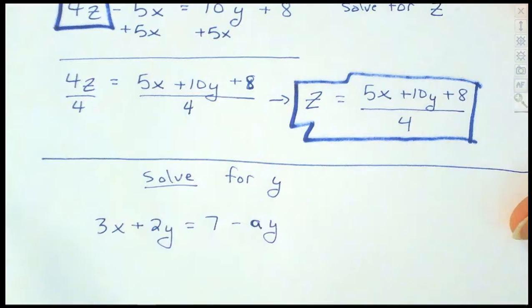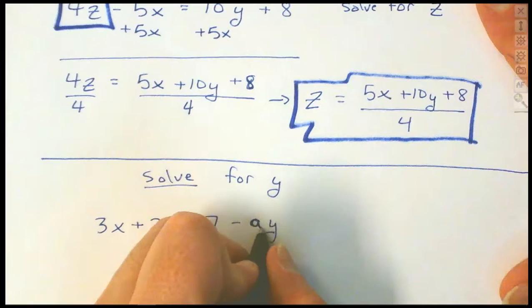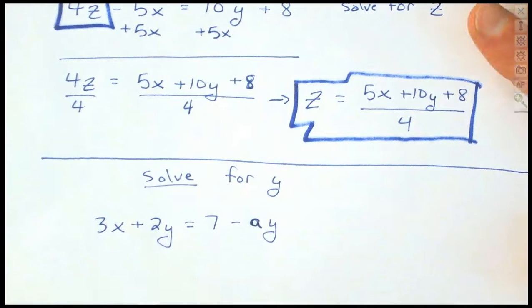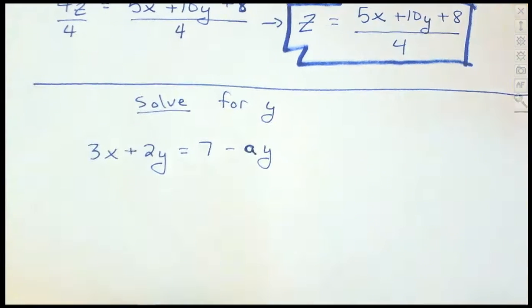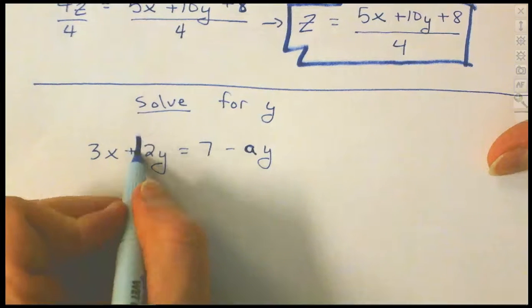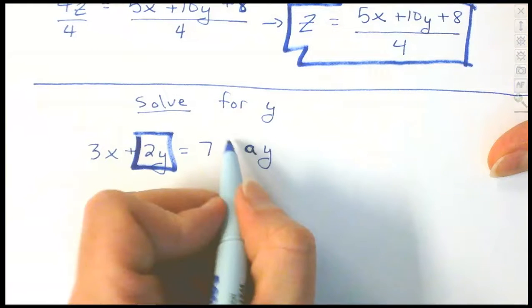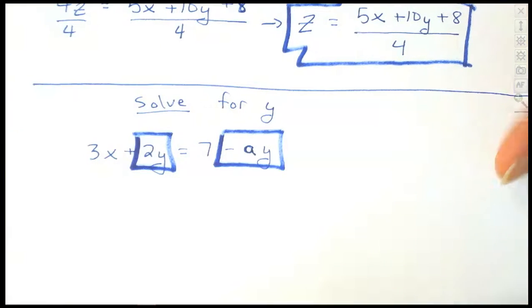Okay, so what are we doing? Well, we are solving, and what variable are we solving for? Y. So first thing I do is I look at this equation, and I say, let's find all the y's. So there's a y here. I'm going to put a box around it, and minus ay over here. I want to get all the y's by themselves. Everything else goes to the other side.